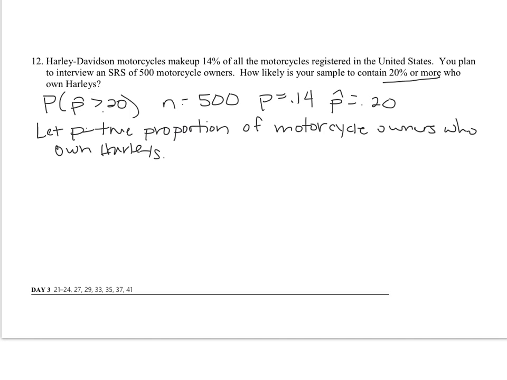So now we need to find mu sub P hat, which is equal to 0.14. Now we need to find sigma sub P hat, so we need to check the 10% condition.